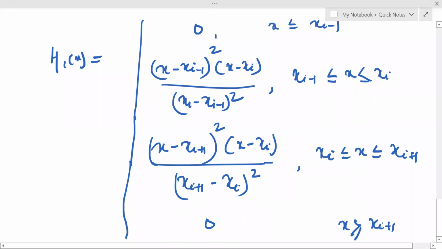Here Ni(x) and Hi(x) are the coefficients of f of xi and f dash xi in Pi,3(x) and Pi plus 1,3(x).